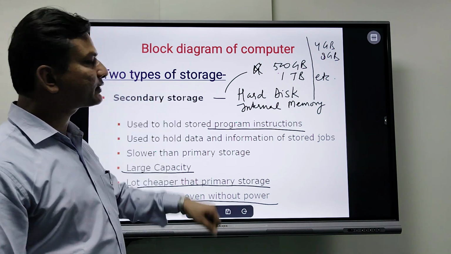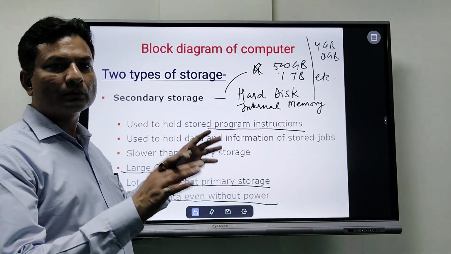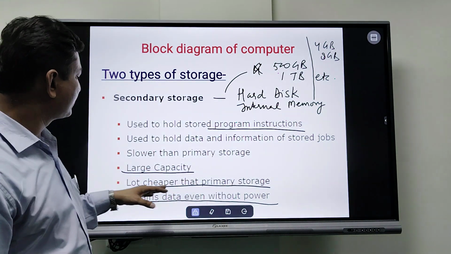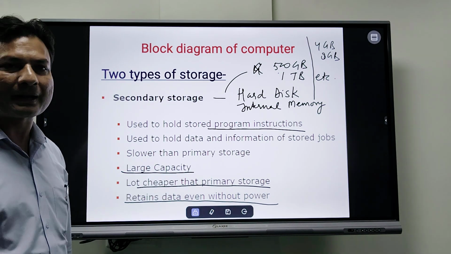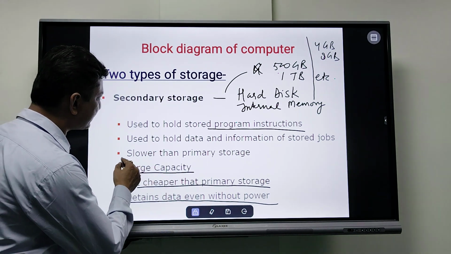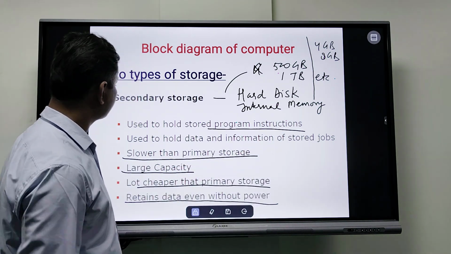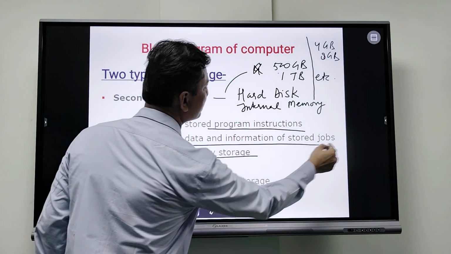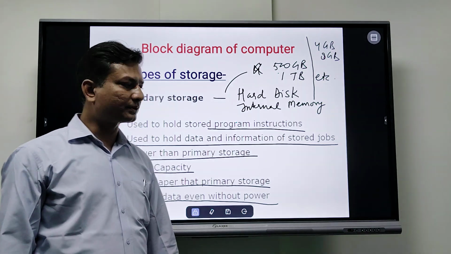Although the size of secondary storage is more, due to its architecture its cost is cheaper than primary storage. Because its capacity is large, it is slower than primary storage. It is used to hold data and information of stored jobs.